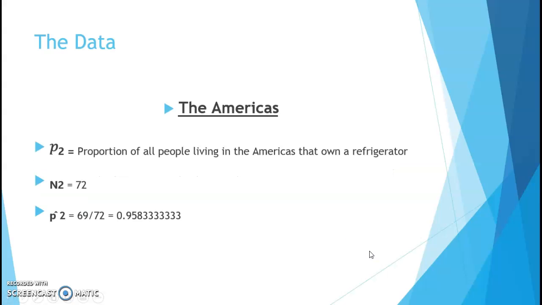Looking at the Americas, the population proportion is p2, the proportion of all people living in the Americas that own a refrigerator. The sample size is n2 equals 72, and the sample proportion is 69 over 72, which is 0.958 with some 3's at the end, but with rounding, we'll call it 0.958.